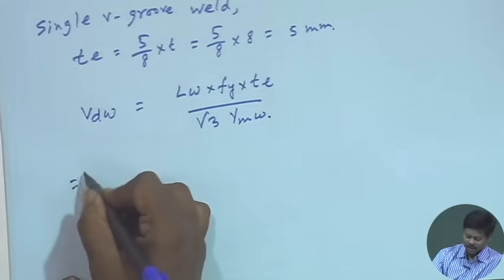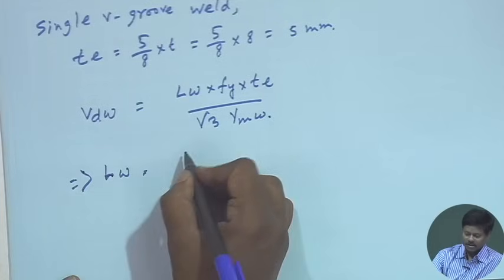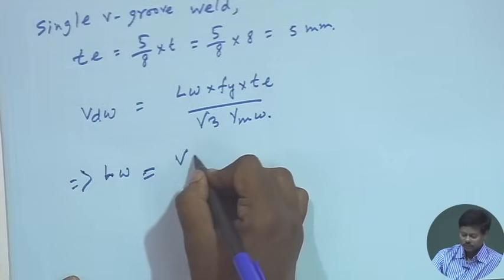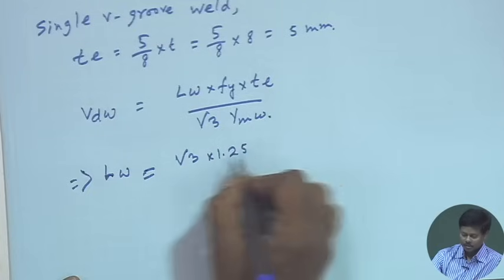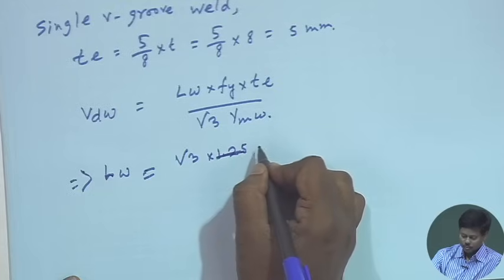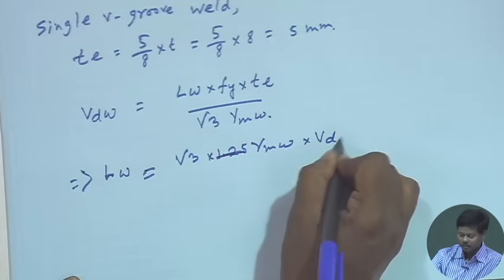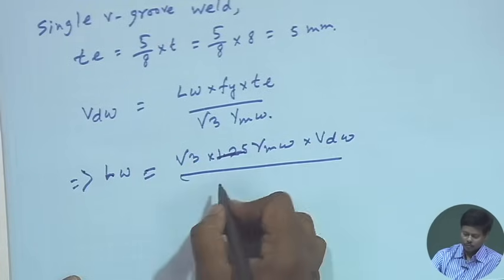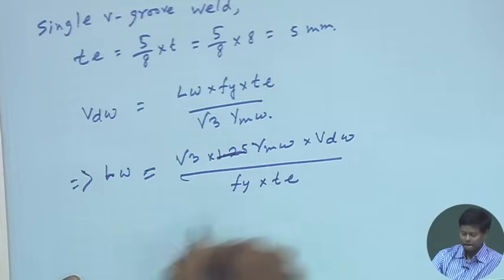So, from this I can find out Lw as root 3 into gamma mw into Vdw by Fy into Te.